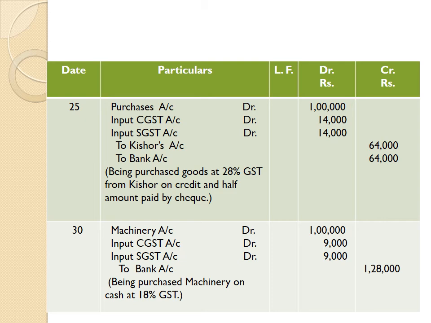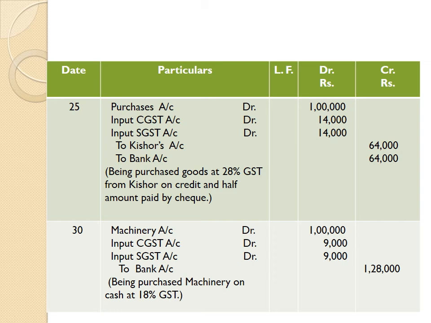So input CGST account debit 14,000. Input SGST account debit 14,000. Total of these three items came to rupees 1 lakh 28,000.